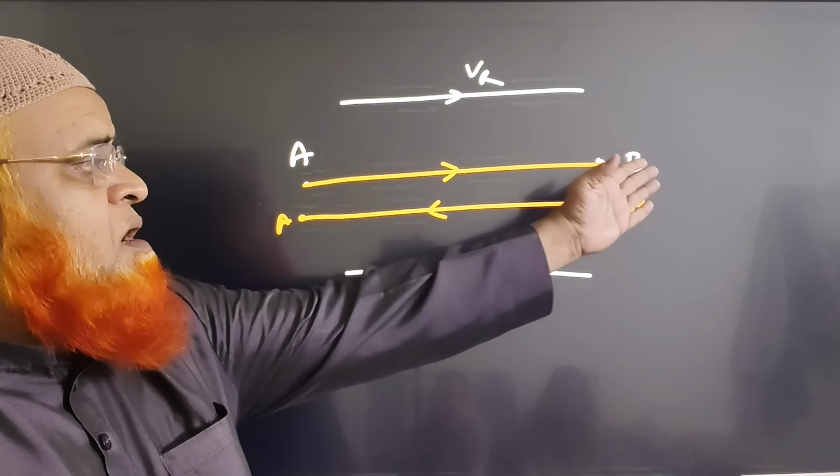My resultant velocity in this direction should be root of Vb square minus Vr square, which is 8 square minus 4 square. Whatever you are getting, you write it up. Now, the time taken by your boat to reach from A to B is the width of the river, D, divided by the resultant velocity. If the width of the river is given as 10 kilometers, it is going to be 10 by root of 64 minus 16.